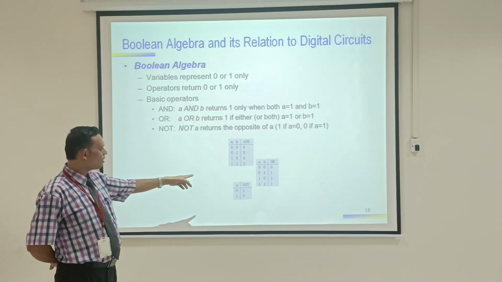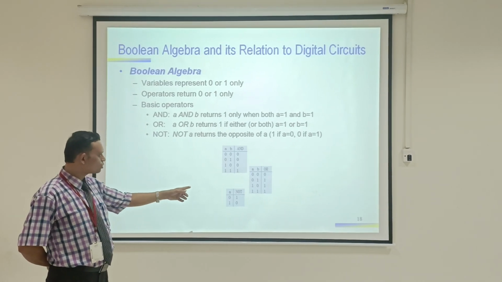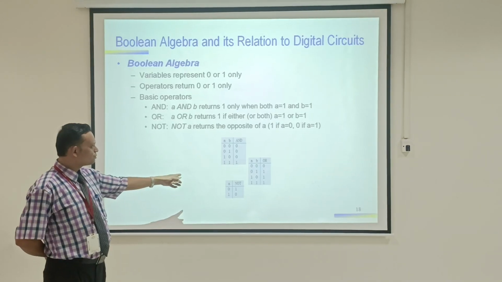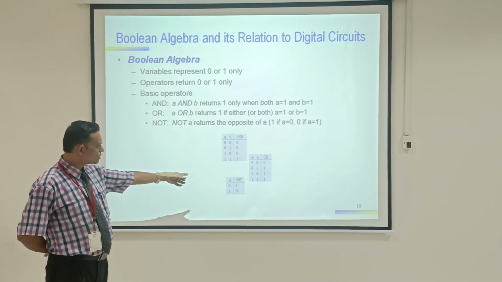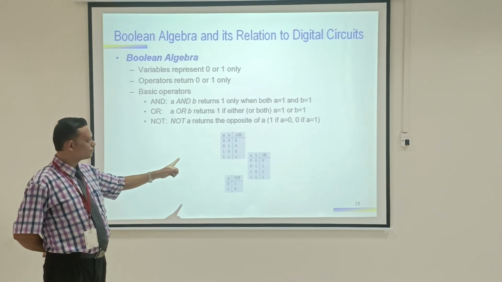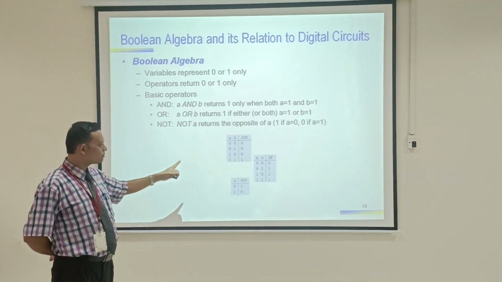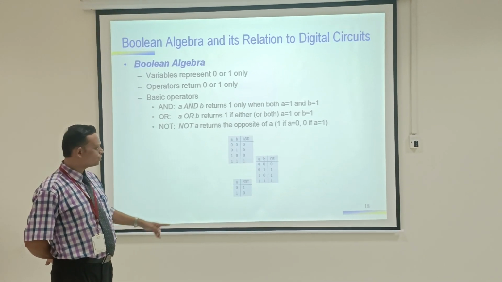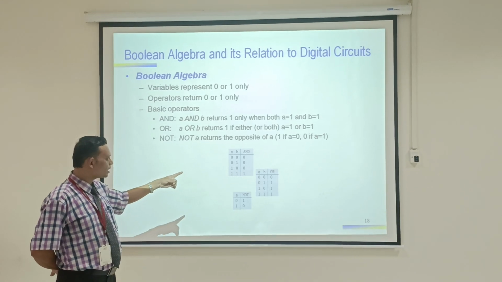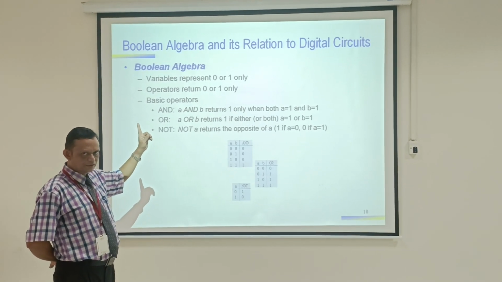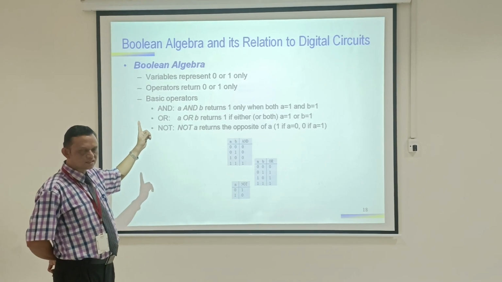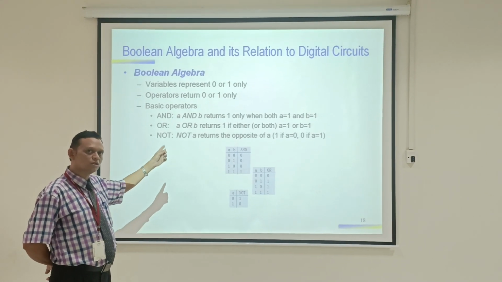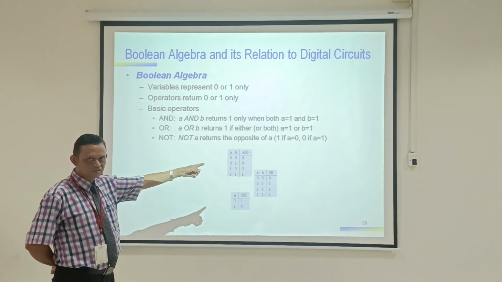And when you have an OR gate, similarly, when you go through all the input and output concepts, you see that if there is at least one 1, either A or B is 1, you get the output as 1. Compared to the AND gate, according to my illustration in the first slide, if either A is 1 or B is 1 or both are 1, then F is equal to 1.